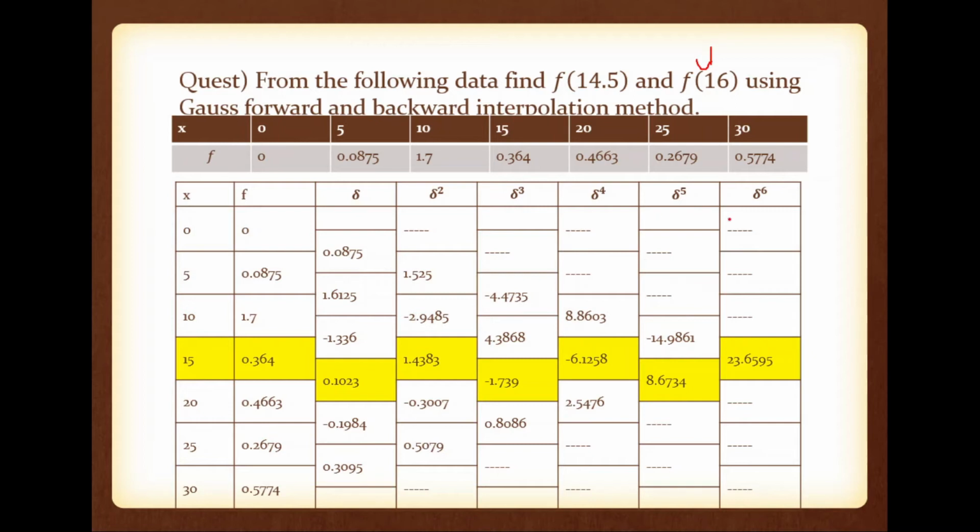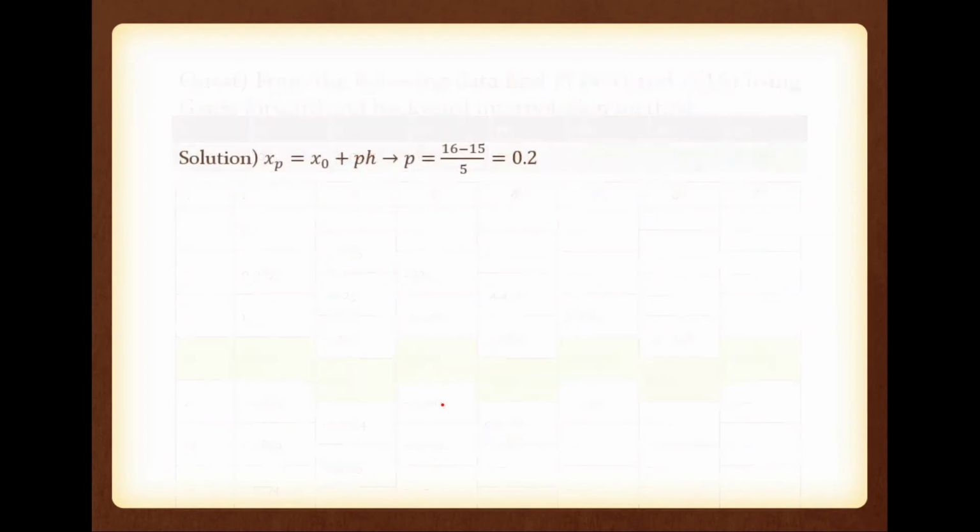So what do we have? First one, xp is 16, x0 is 15, h is 5. So p is equal to 16 minus 15 divided by 5, that is equal to 0.2.